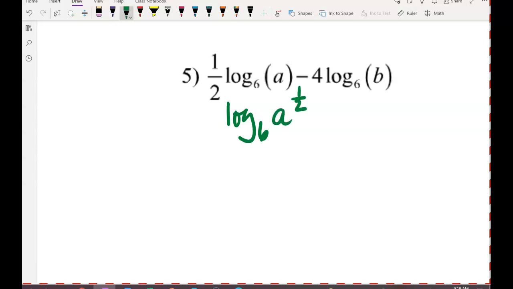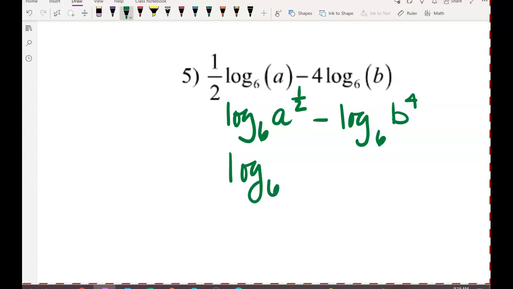Yep. Minus log base 6 of B to the power of 4. Perfect. Subtraction in log, Calvin, will help us rewrite it as what, Calvin? Perfect. Box it up.